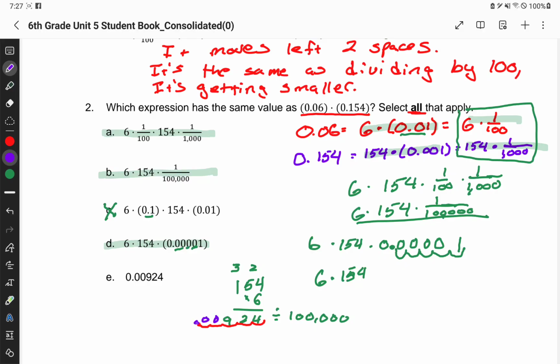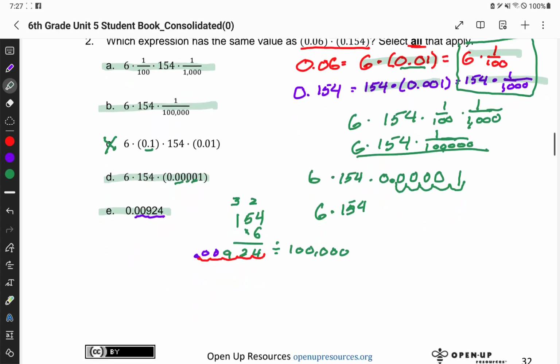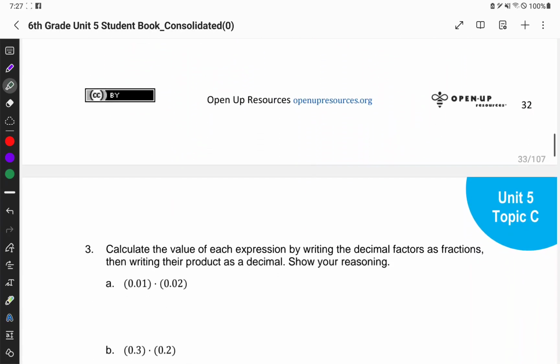So that's 0.00924, and so that works. So A, B, D, E are our answer choices. That's hard to say.